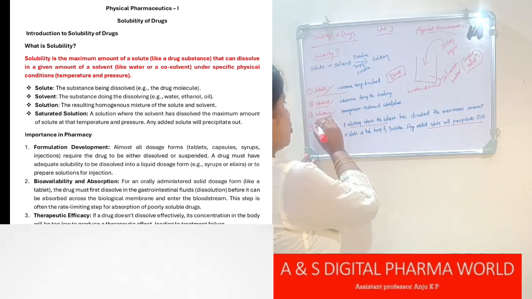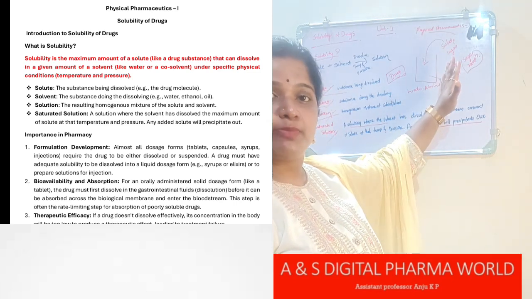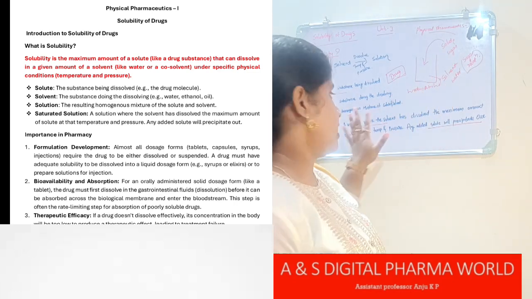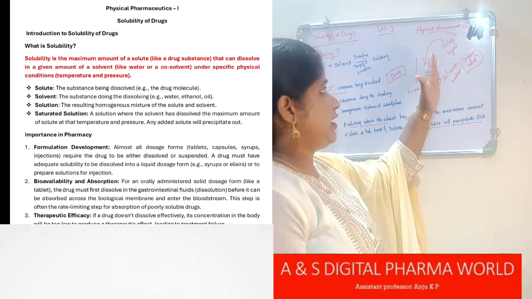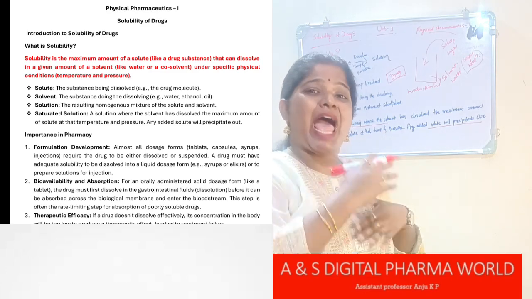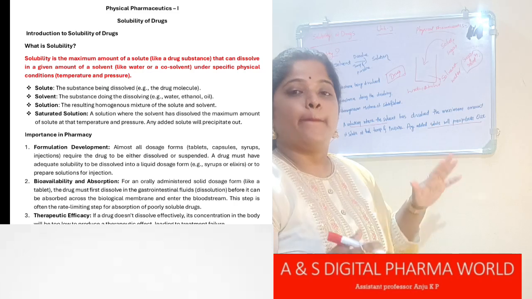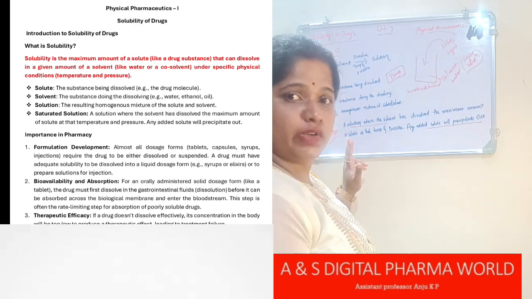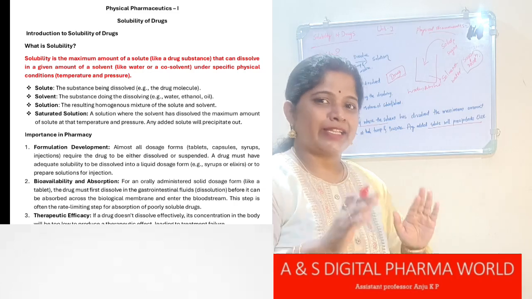The solution is the final output, the homogeneous mixture we get. A saturated solution means the solvent has dissolved the maximum, and if we add more solute, it will precipitate out. I hope you are clear about this.